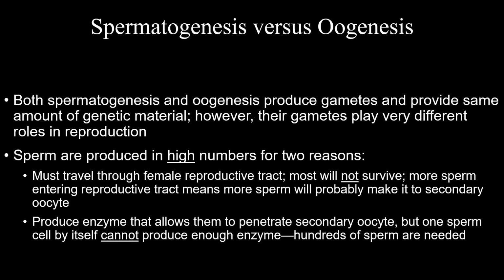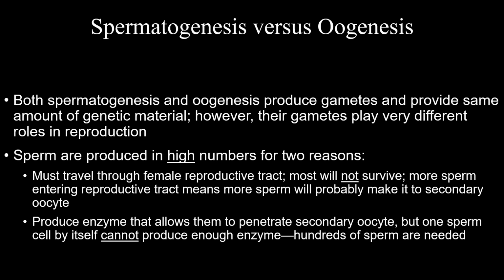Most will not survive, and so the more sperm that enter this tract, the better the chances of fertilization. Second, sperm cells have to penetrate the secondary oocyte by secreting enzymes. However, one sperm cell by itself cannot produce enough of this enzyme. Hundreds of sperm are needed to secrete their enzymes so that one can make it through.